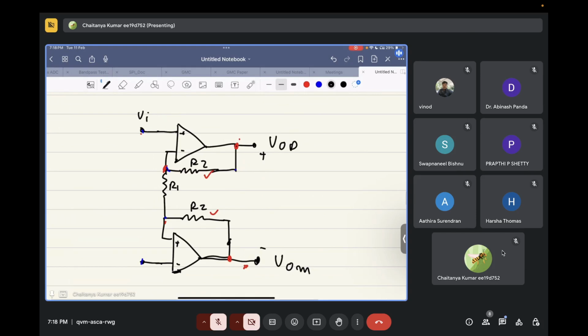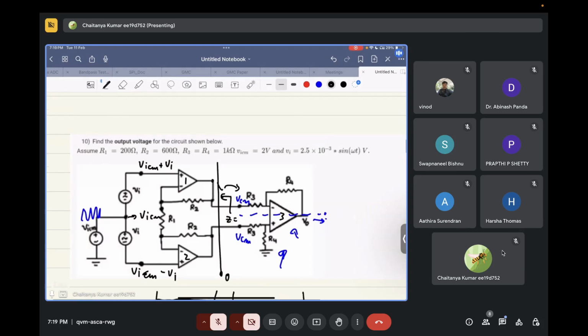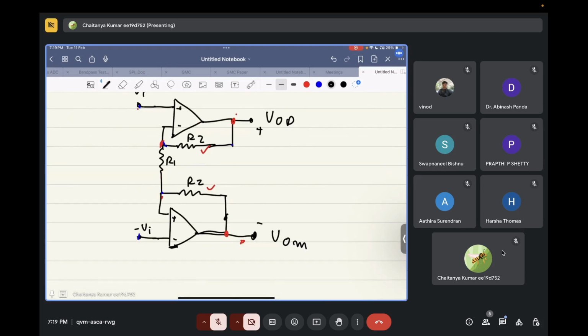So this is Vi, this is minus Vi. What we have assumed is that the common mode is zero, and only the differential inputs, Vi and minus Vi, are present. So this is how my circuit will look.